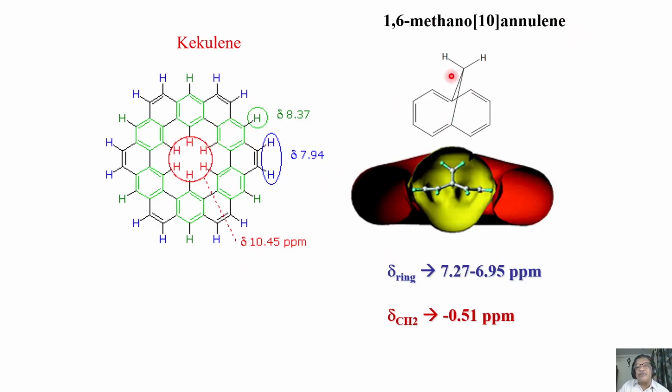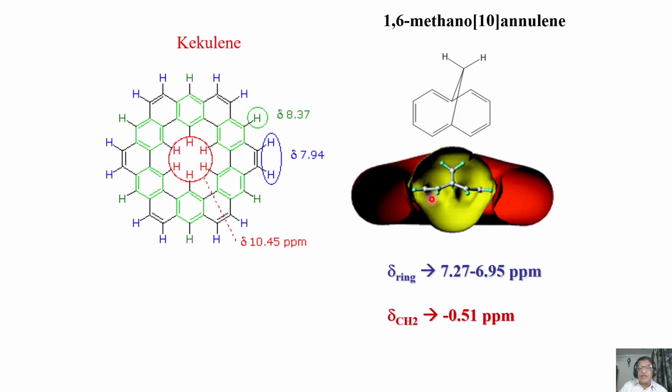Consider a molecule like this, where these two protons are structurally sitting above this ring. That's what we said, shielding and de-shielding we discussed. Protons above the plane of the benzene ring get shielded, and in the plane of the ring they get de-shielded. Now these two protons are sitting above the plane of the ring. Consequently, this proton comes at minus 0.51 ppm, whereas the ring protons come at 7.27 ppm.